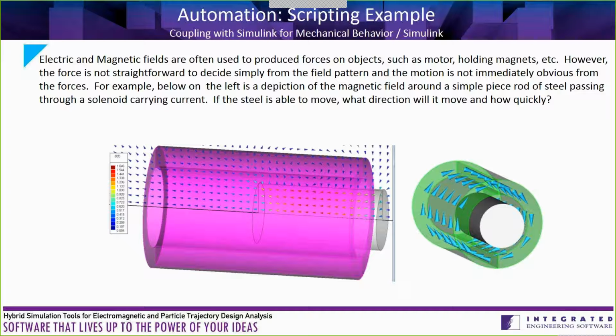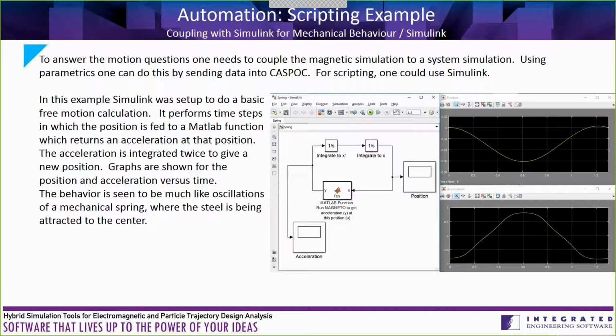So you can see that generically, just by looking at field plots, you can't make any mechanical predictions. To make mechanical predictions, you're going to have to invoke some kind of mechanical solver. We can do that a number of ways. For many years, our parametrics would let you output results that you could send into some other program.